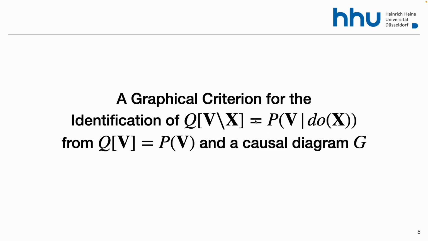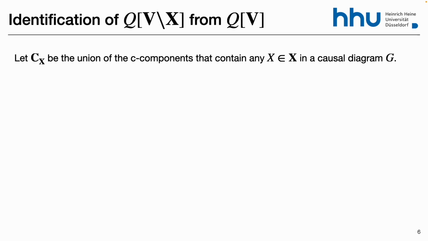So basically we are going to identify this Q[V minus X], which, if you remember, the Q function is the probability of the variables V minus X given everything else, and everything else is X, right? You remember this, right? And Q[V] is P. Hope you remember this as well.